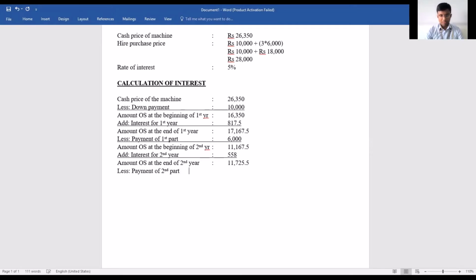Second part payment, how much is that? That is 6,000. So when you subtract 6,000 from this, what you are technically getting is the amount outstanding at the beginning of third year.